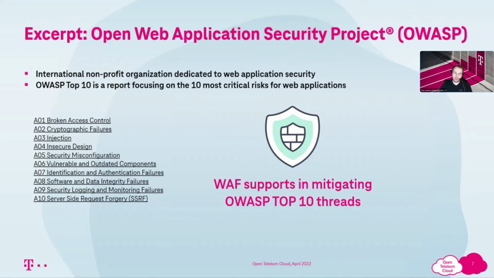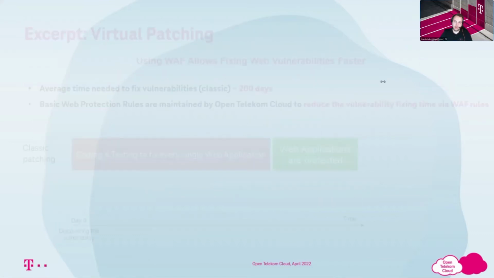Important points for the Web Application Firewall are, of course, injections and server-side request forgery. Injections have been number 1 for most of the time. They are now number 3, but it is still a really important topic to be covered. And this is where the Web Application Firewall comes into play. As the next one, I talked about virtual patching.